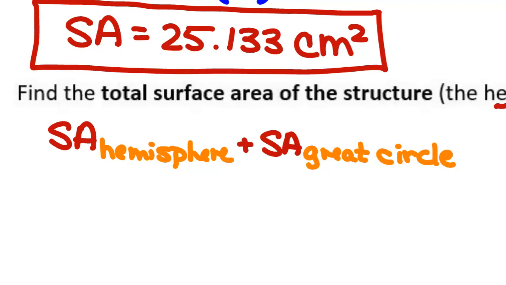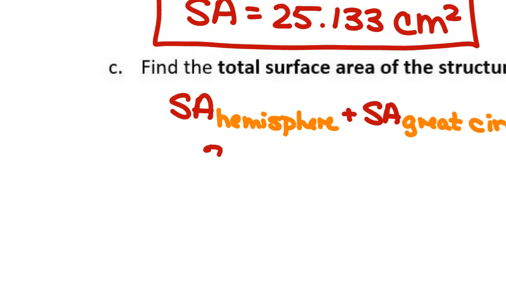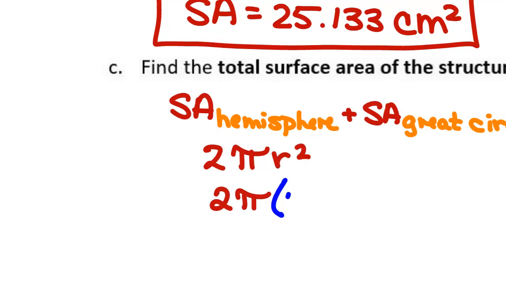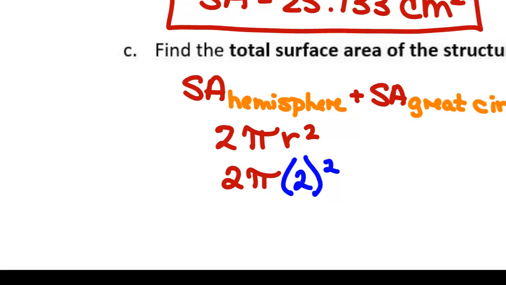Well, I already know for the hemisphere, I have 2 pi r squared, or 2 times pi times 2 squared, which was 25.133.